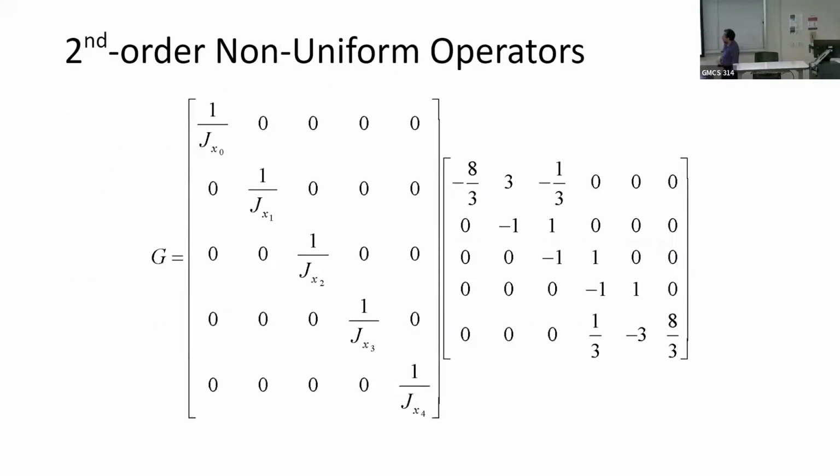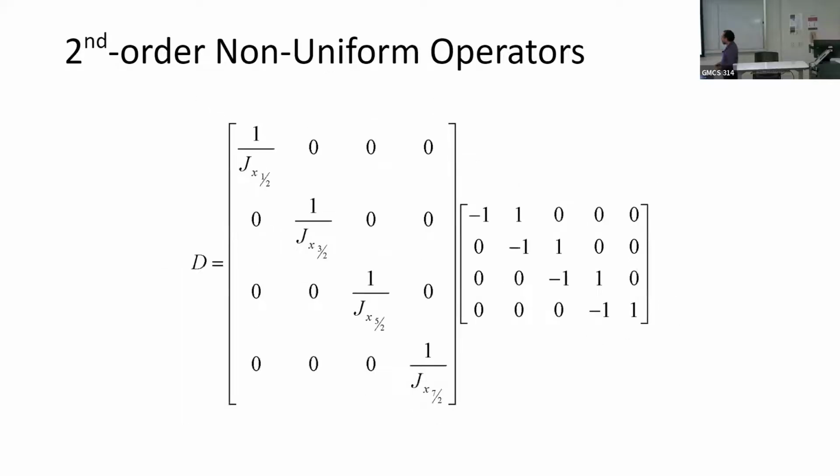But if you look at the second order non-uniform operator, the multiplication here is the Jacobian of the cell where you're doing the calculation. And these are the coefficients. So we don't change the coefficients, we compute the Jacobian. For the divergence, it's the same, but the Jacobian is in a different location.